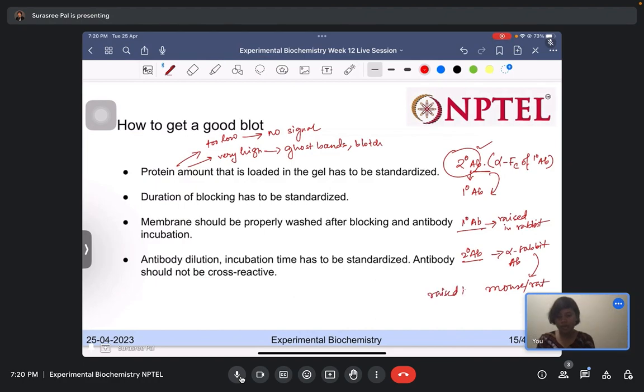So the two antibodies have to be raised in two different organisms. Because if it is raised in rabbit, then it will cross react with all the proteins of the rabbit cells. So these things have to be carefully chosen, which will help us get a good image of the Western blot.